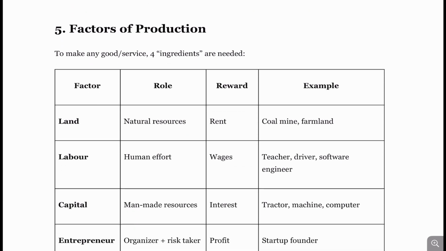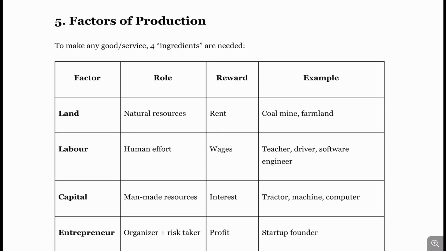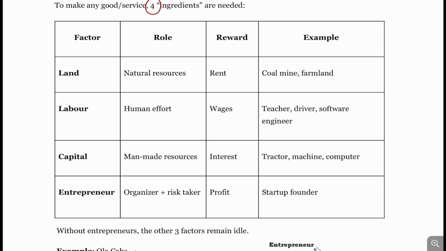Now, what are the different factors of production? There are four factors of production. You may have heard about these: one factor is land, another is labor, third is capital, and fourth is the entrepreneur. Every factor is important so that an economic model can take place.